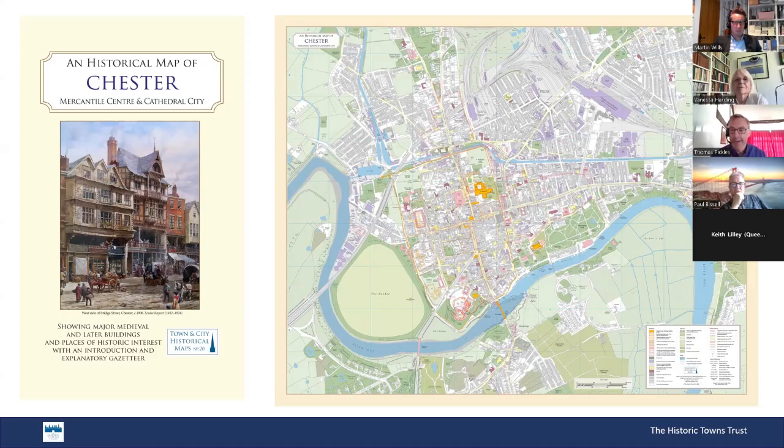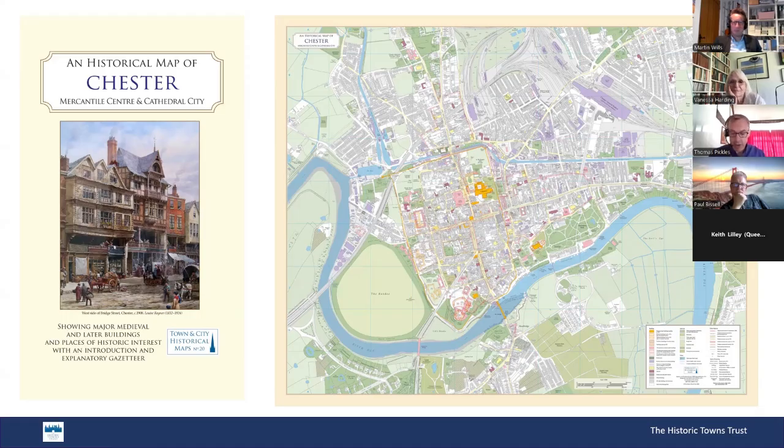HTT cartographer Giles Darkes, who's already been mentioned, presents you with a digitized version of a large-scale ordnance survey map from the early 20th century. He's already introduced us to this, and asks you to identify the historic features on that map, a challenge in itself.